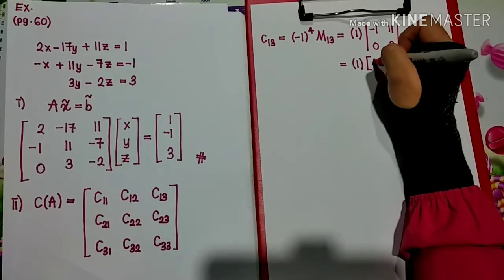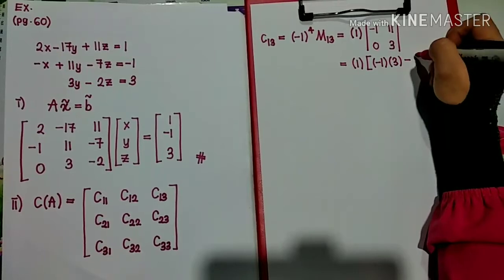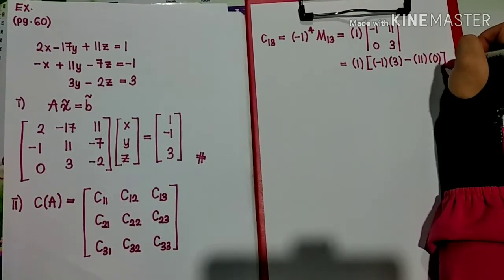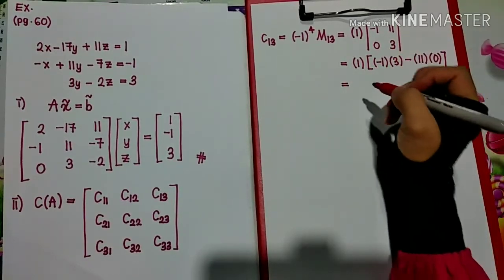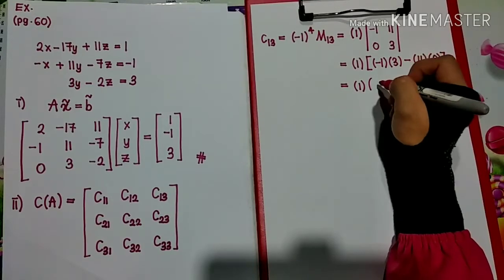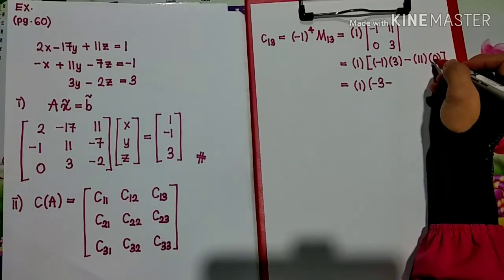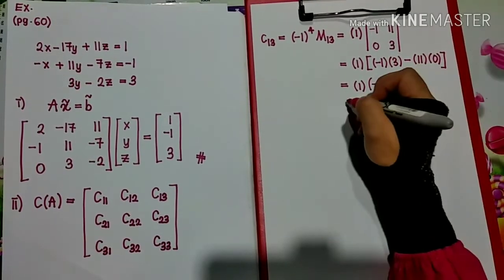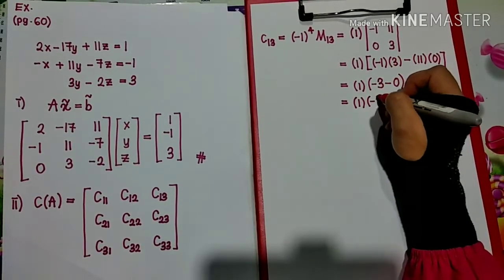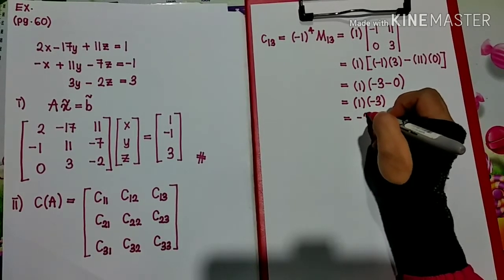And for this one, negative 1 multiply with 3 minus 11 multiply with 0. So we compute this one. Negative 1 multiply with 3, you will get negative 3, minus 11 multiply with 0 is 0. So this one, 1, negative 3 minus 0, negative 3. Then you multiply 1 with negative 3, you will get negative 3.